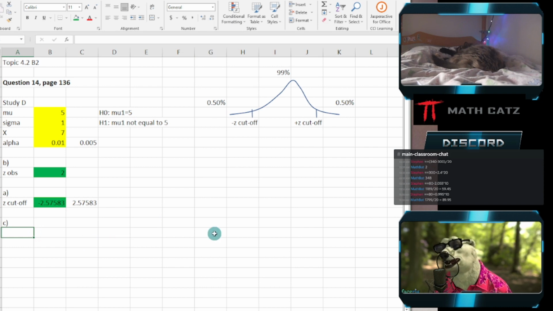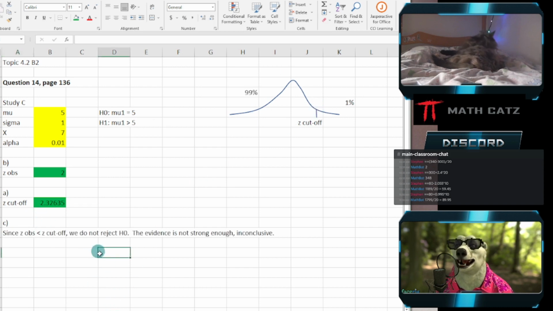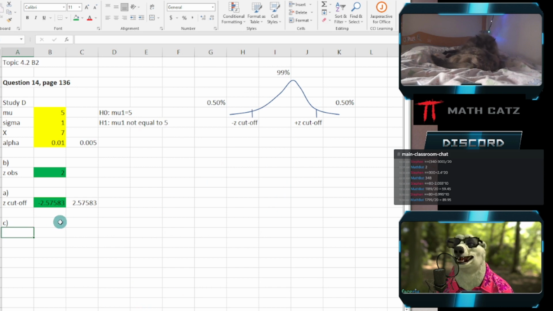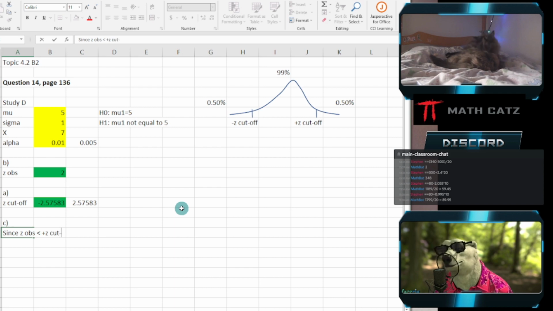So we're ready for our conclusion. Now we see that the cutoff z-scores, because of the two-tailed test, are actually further out than they were previously. So unfortunately, we're not going to reject. Let's say here, since our observed z-score is less than the positive z cutoff.